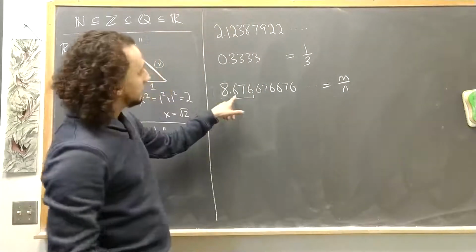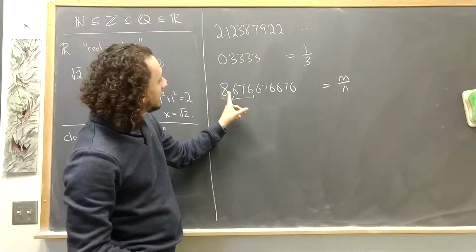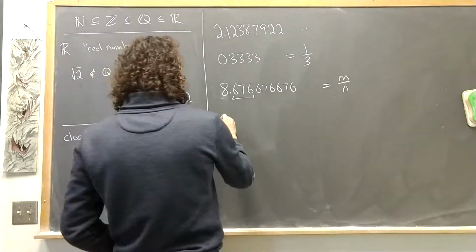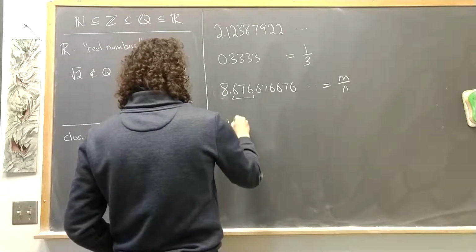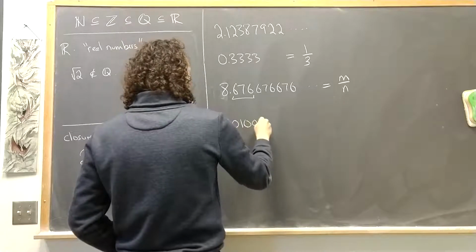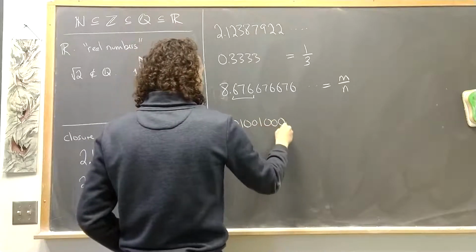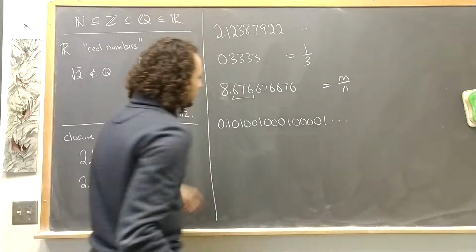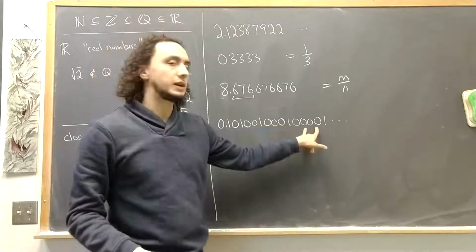But what if I don't? What if I continue this decimal but without a repeating part? For example, I might write 0.101100100001, and so on, each time putting an extra 0 in between.